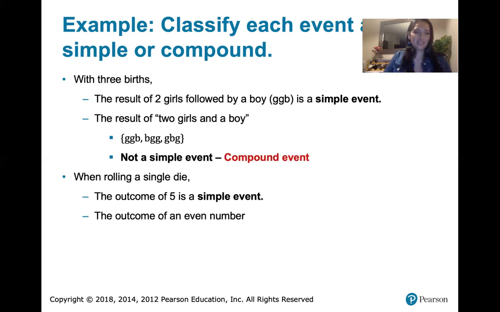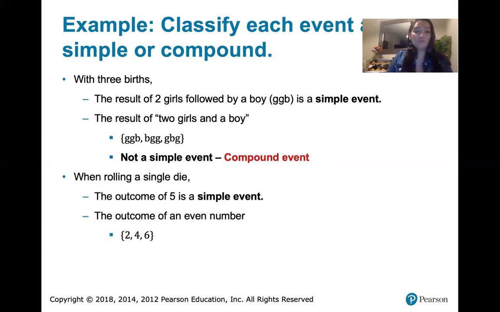We also looked at this example. If you're rolling a single die, that's like one of a pair of dice. The outcome of rolling a 5 is a simple event. If I have a single die and I roll it, the possibilities are 1, 2, 3, 4, 5, 6. There's only one way to roll a 5, so that's a simple event. But the outcome of rolling an even number could happen in a number of different ways.